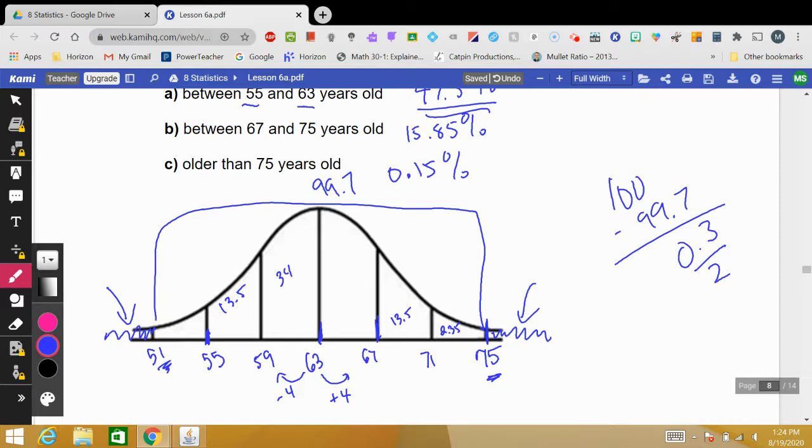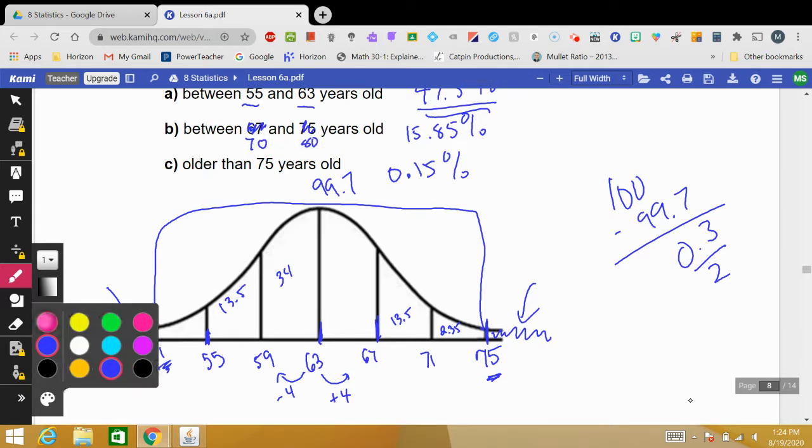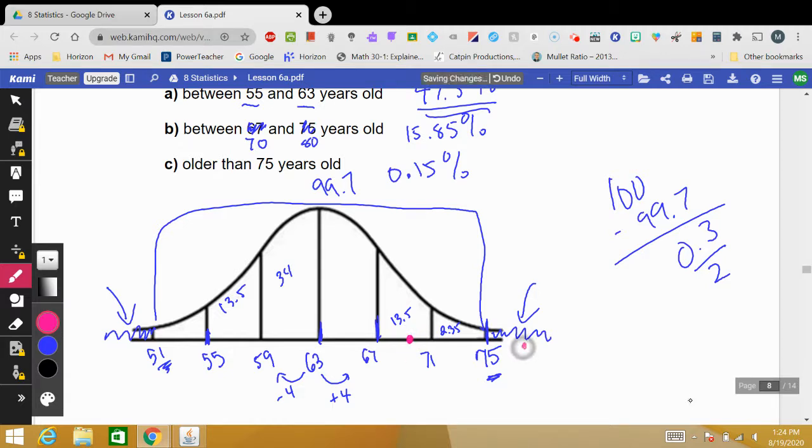Okay? So before I go any further, you might be thinking, what if I asked the question, instead of 67 to 75, what if I asked between the ages of 70 and 80? So here's the problem. 70 is right about here, and 80 is right about here. Now, I would be asking what percent of curlers are within that.